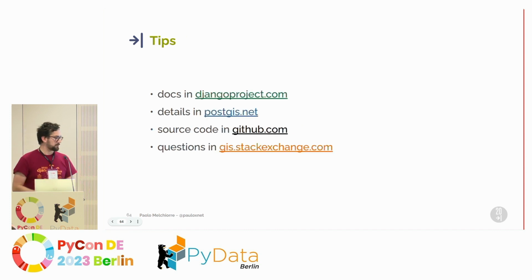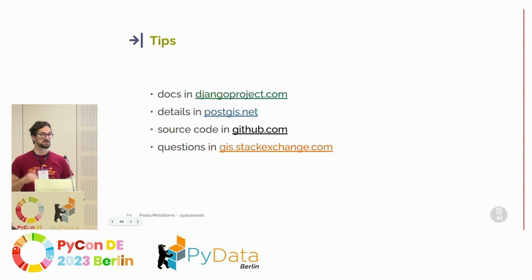At the end of the talk, before saying goodbye, I want to share with you some tips based on my experience as a map developer with Django. The first one is read the documentation in the Django website, because it's full of information about GeoDjango. Read also details about geographic queries in the PostGIS website, because it helps you to understand how things work at a lower level.